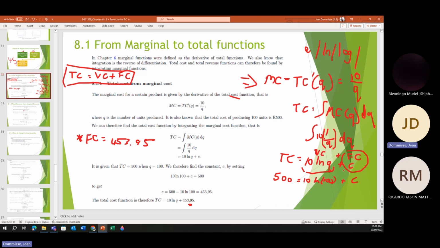So we will have now been able to calculate the C out of it, and then that will be your total cost function.